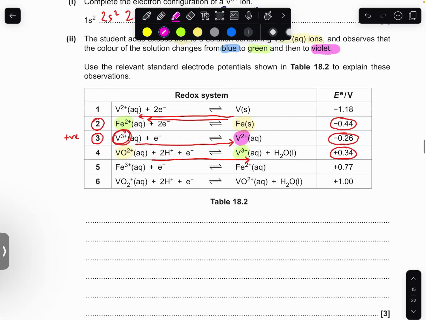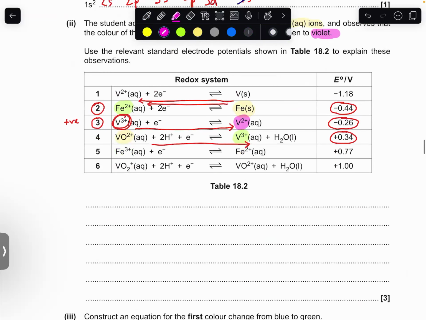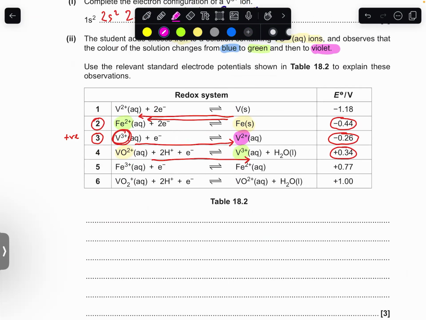That's worth 3 marks. How would you word that? Just what we just discussed and putting it into words. So we can start off with: VO2+ goes to V3+, and V3+ goes to V2+.